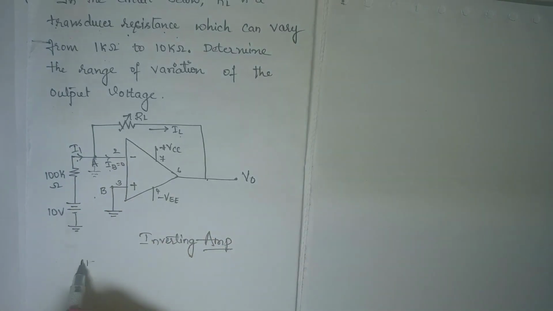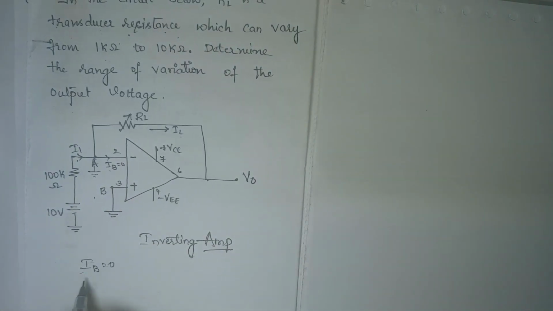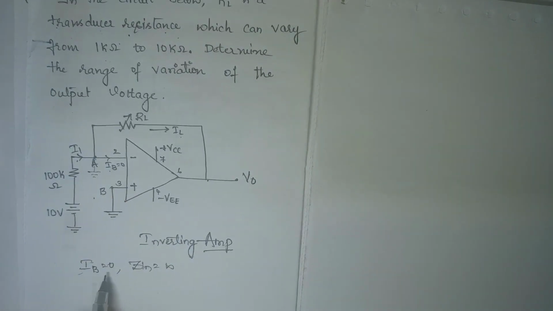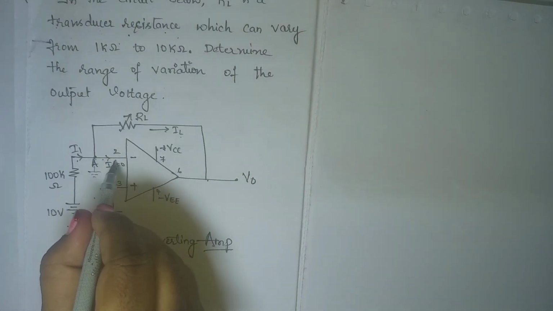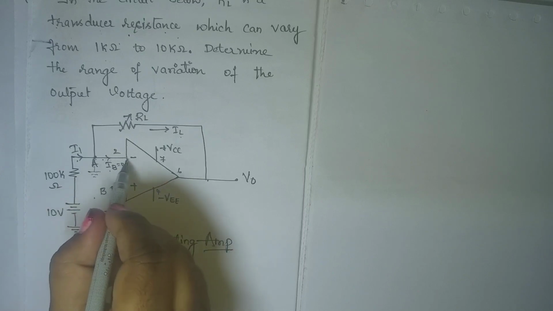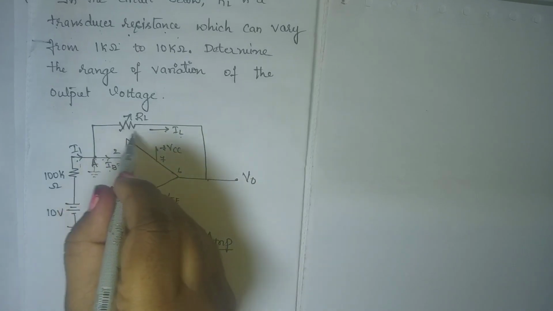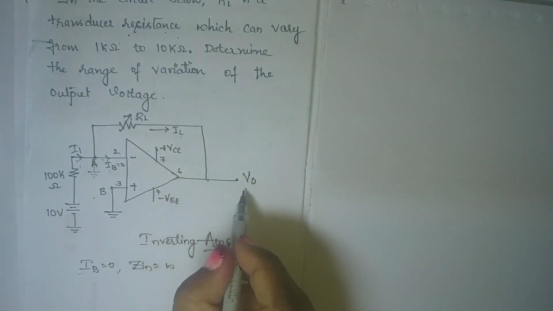We know that the bias current flowing towards the OpAmp is almost equal to 0 because input impedance is infinity. Because the input impedance is infinity, the current flowing towards the OpAmp is 0. So whatever current comes, it flows through RL and goes to the output.